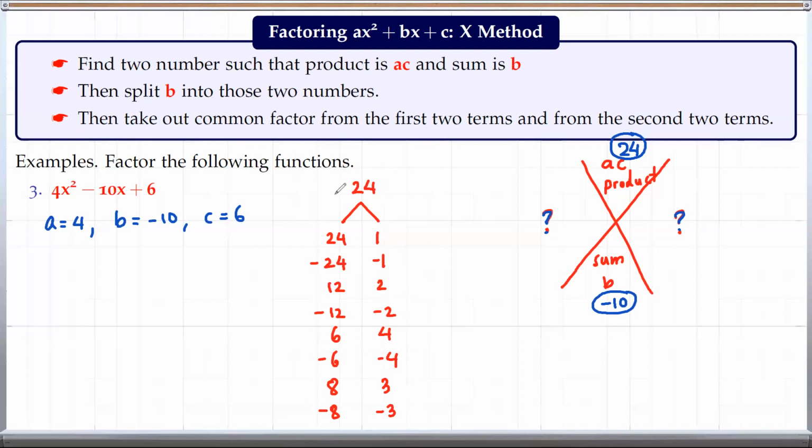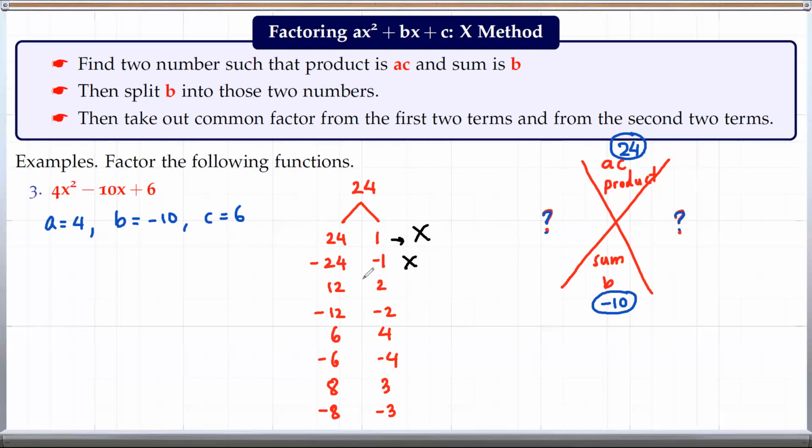Now we look at each of them and see which one of these give us sum -10. The first one over here, 24 plus 1, which is 25. So that is not good because we need sum -10. -24 minus 1, which is -25.